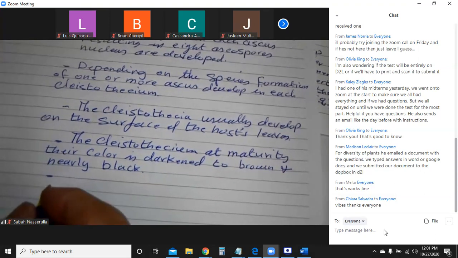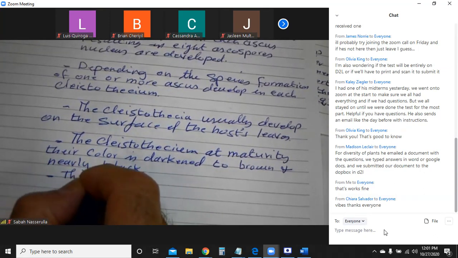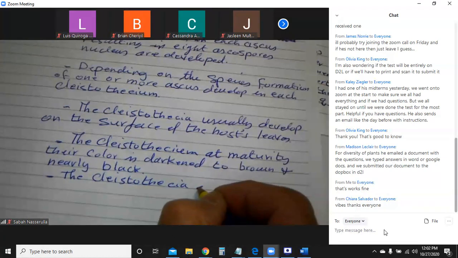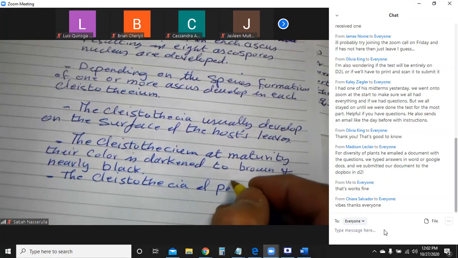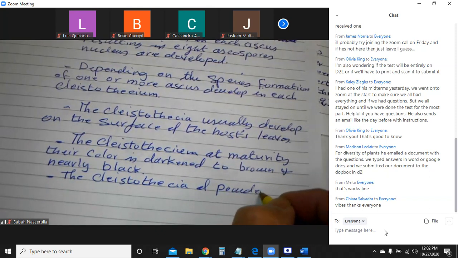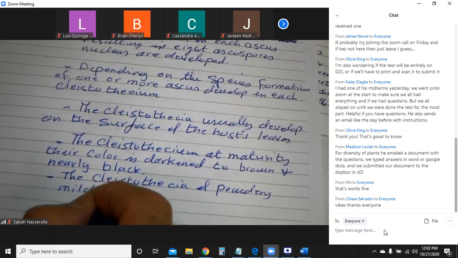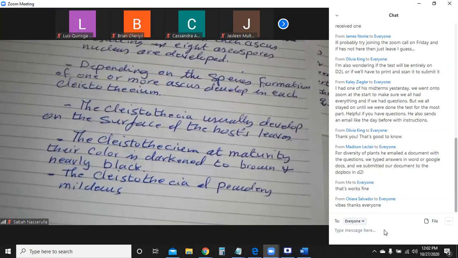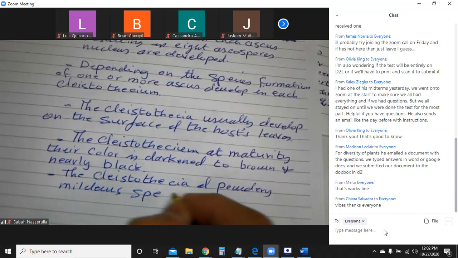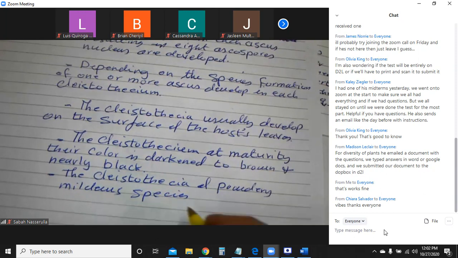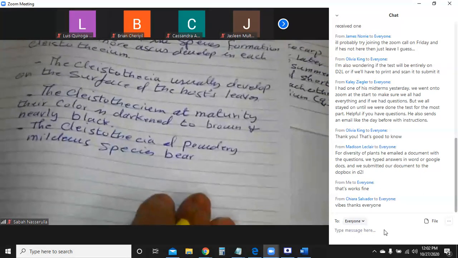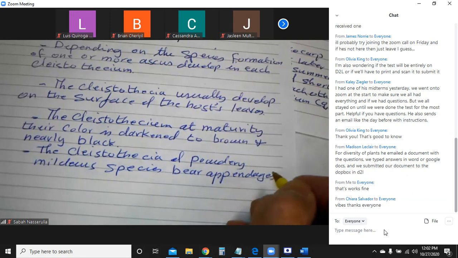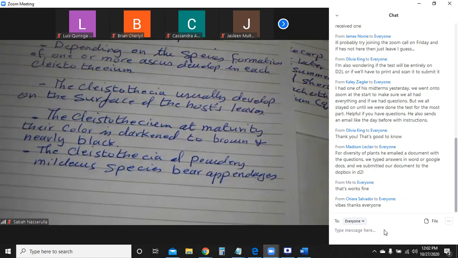The clistothecium of the powdery mildews, because that is the name of the disease they cause, of the powdery mildew species, because there are different species, bear appendages of different types.